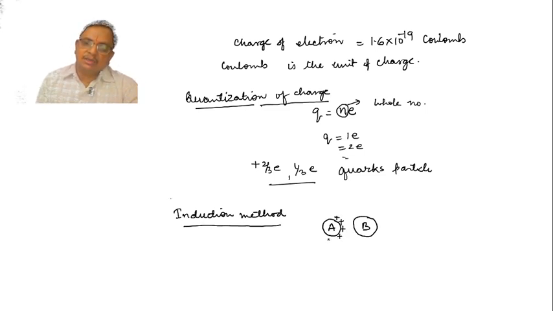You keep it near body B, which is uncharged. After some time, body B becomes charged because the charges on A attract the opposite nature of charge in body B. This method is called the induction method.